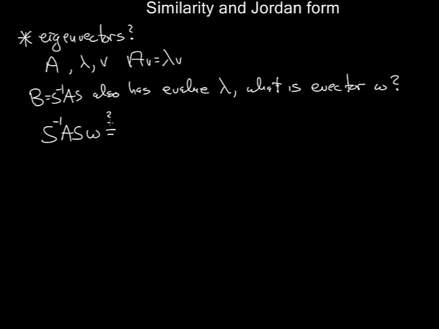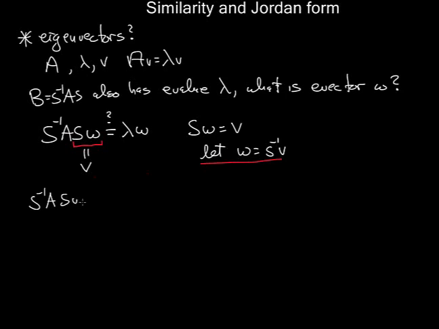But I'm trying to find a vector w such that S inverse ASw is equal to lambda w. Well, the whole idea is why not arrange that Sw be this vector v, because then I'll have an Av on the left side of this equation. So let's say Sw is equal to v, which is w is equal to S inverse v. And then let's check S inverse ASw. Well, that's S inverse Av, which is S inverse lambda v, which is lambda S inverse v. And what is S inverse v?